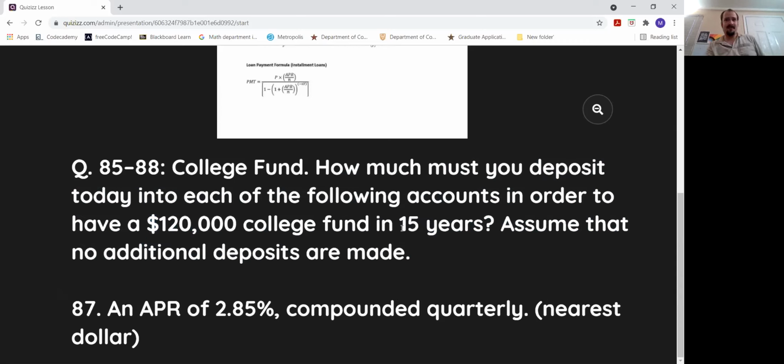A 120K college fund. We have 15 years. APR of 2.85. And this is quarterly, this is different now. It's not compounded monthly, which would be 12. It's compounded quarterly, and there are 4 quarters in a year, in case you didn't know that one.